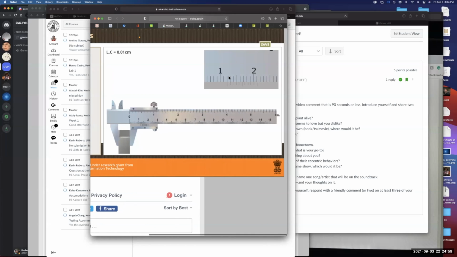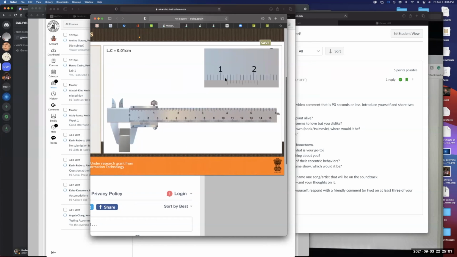So what would this reading be? 12 millimeters, yeah. So this one lines up the best right here, the 0. So I'd say it's 12 exact, or 1.2 centimeters, or 12 millimeters exactly. And I'd say the 0 lines up the best right here.